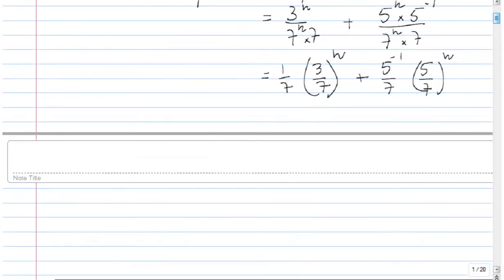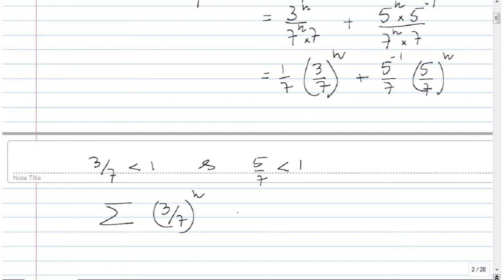And since 3 over 7 is less than 1, and 5 over 7 is less than 1, the two series, (3 over 7) to the power n and (5 over 7) to the power n, are convergent.